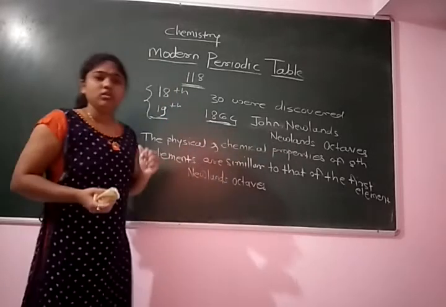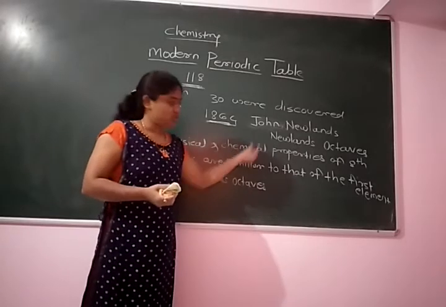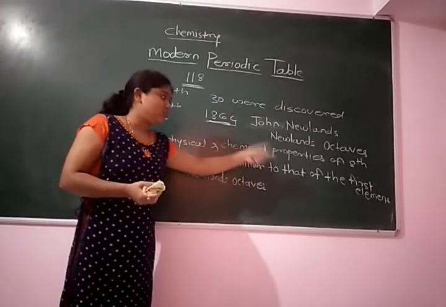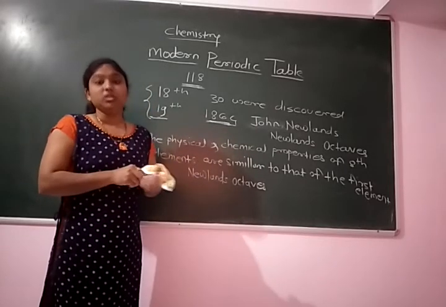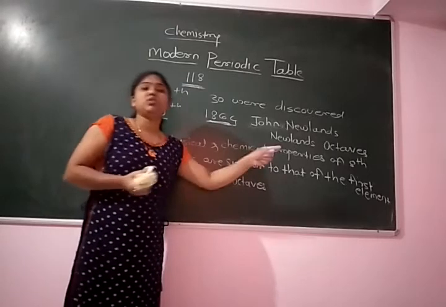What he told in Newlands octaves: the physical and chemical properties of the eighth element are similar to that of the first element, and he called them Newlands octaves. He compared his octaves to music octaves.